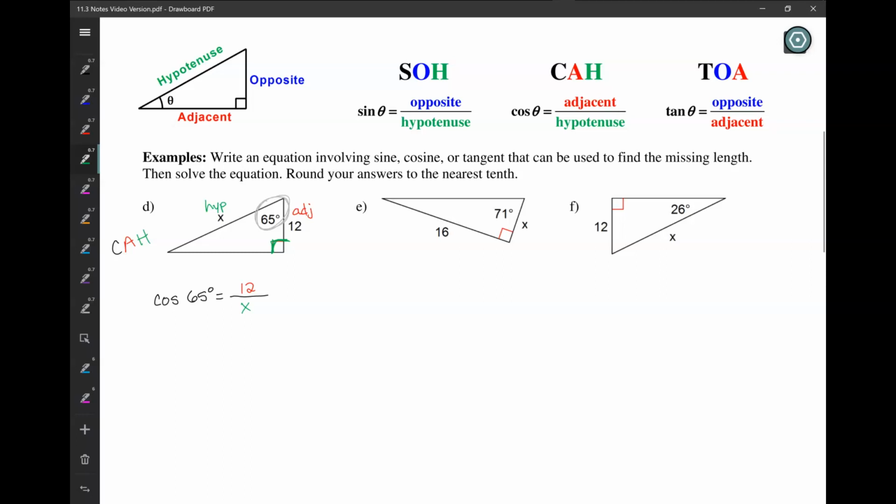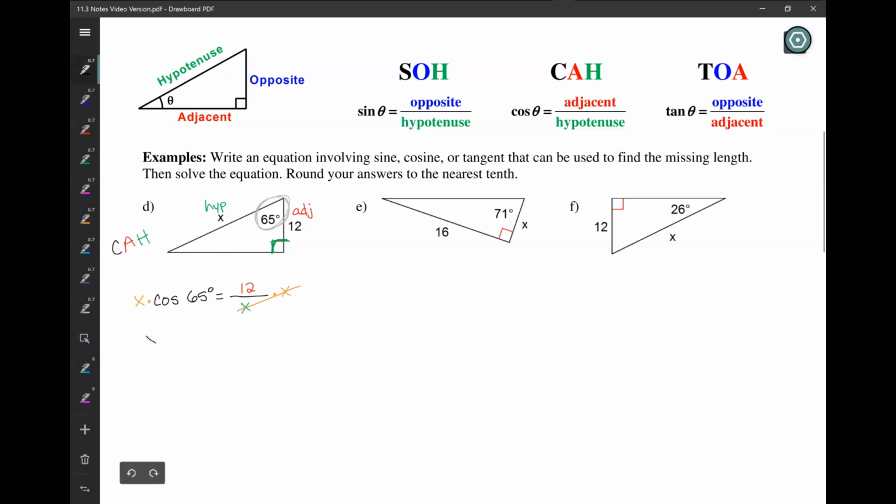Hypotenuse is x. So this is where things go a little bit differently than they did in the previous problems. This time, before we can get x by itself, we first have to get x out of the bottom of the fraction. So the first step is to multiply both sides by x. You can't solve for x while it's in the bottom of a fraction. So first you got to get it out of the bottom of the fraction.